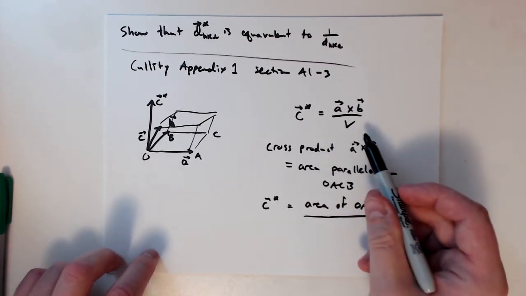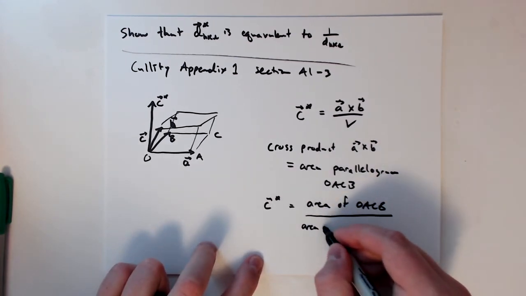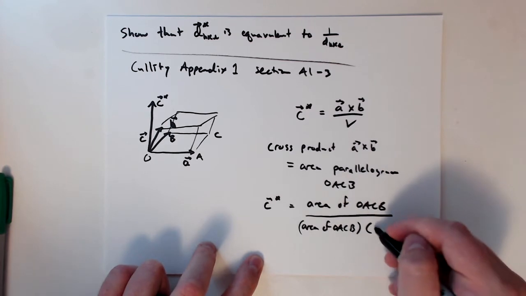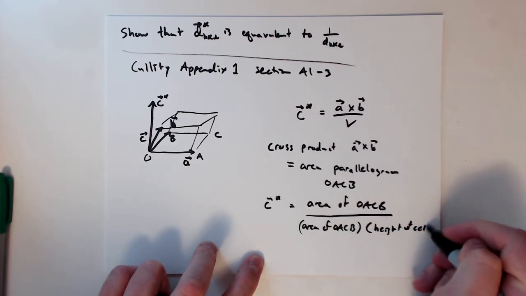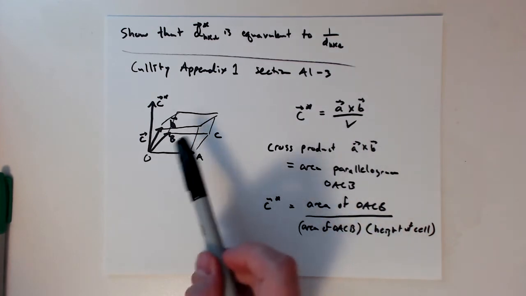And then I know the volume, right? So we're talking about the volume of the unit cell. So we can define that as also the area of OACB times the height of the cell. Right? So we can get that as the height of the cell. All right, so we know that the volume is the area times the height to get the volume of this unit cell.